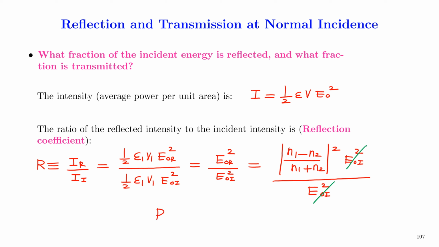And the final expression for the reflection coefficient is N1 minus N2 divided by N1 plus N2, the whole square. So this is the fraction of incident energy that is reflected.